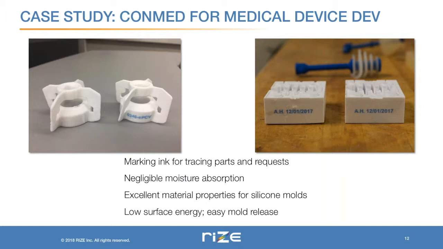Some of the material properties that they've found quite useful include the negligible moisture absorption, as well as the low surface energy, which makes it, as I mentioned, very easy to release molded parts from printed molds. So you can see on the right here, there is a printed mold that is able to produce the tool in the back in blue by molding silicone around that handle.